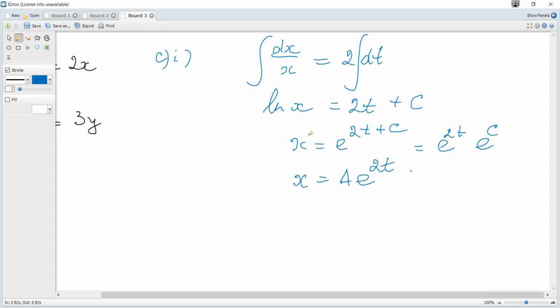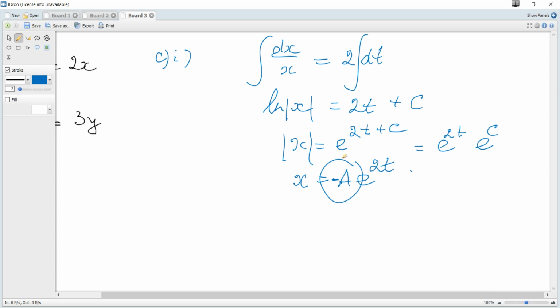And notice that in general, if you don't know whether x is positive or negative, and if you keep absolute value of x, you get it like this. But you remember that if x is positive, you can just write x, because absolute value is just x when x is positive, but when x is negative, a minus arises, it becomes a negative constant, but a negative constant is just another constant.